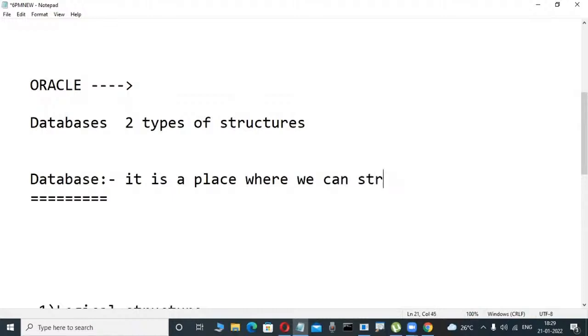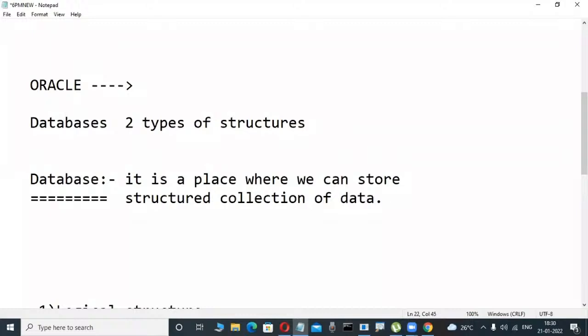They are telling only that. What is data, what is information, what is DBMS, that is later.